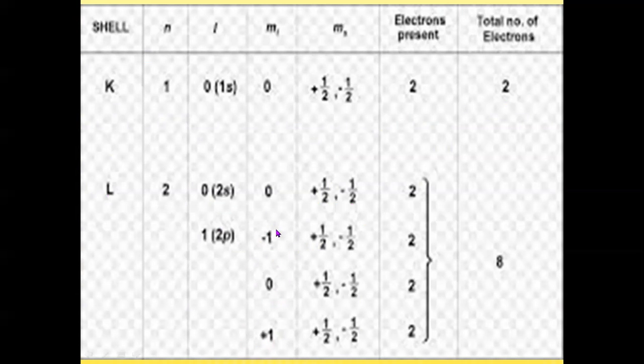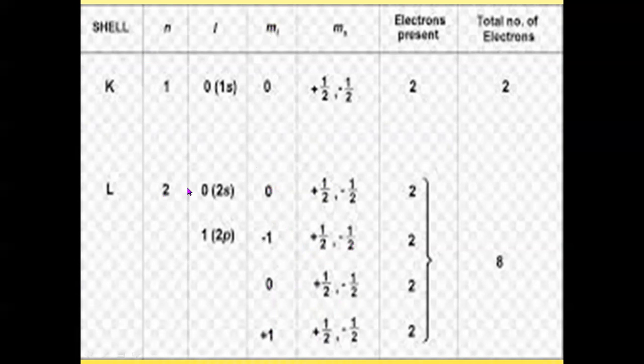Here, if three unpaired electrons are there, that means every orbital has one electron, then we can assign plus half, plus half, plus half to the three, because the value for m will be different.